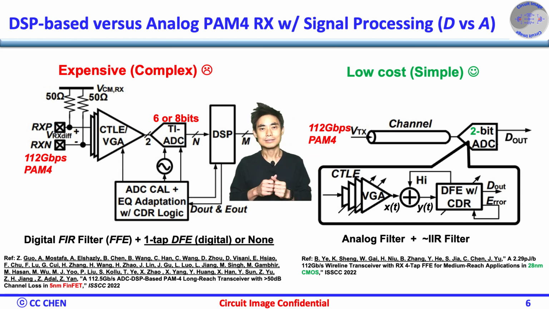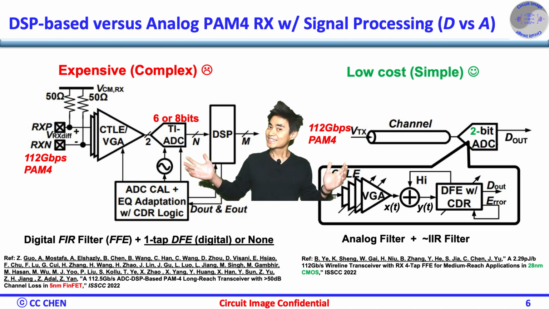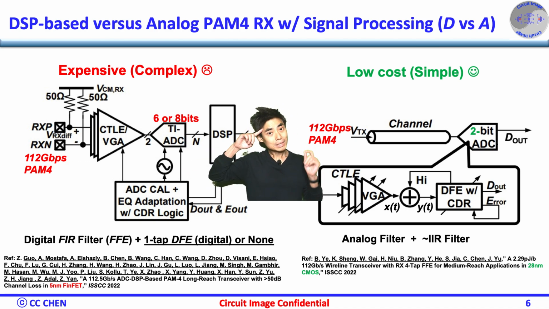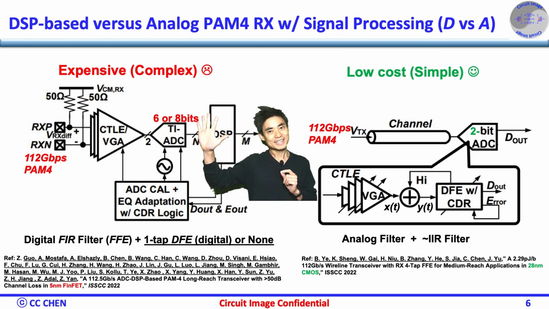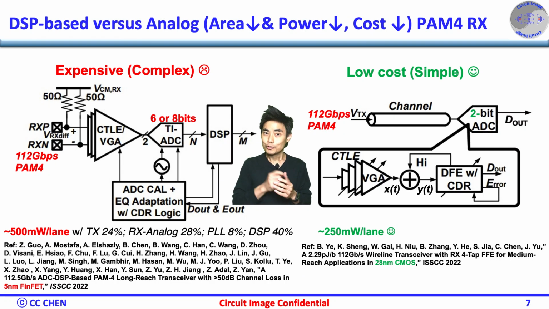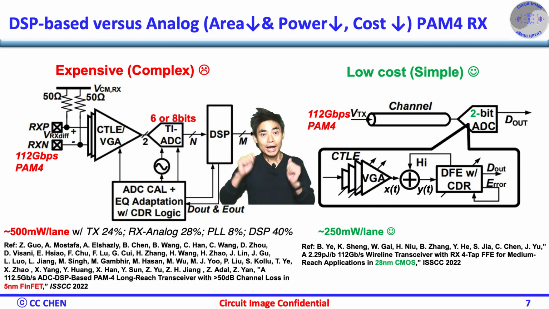Besides low cost, what's another benefit of the analog PAM4 RX? Think about the PPA images for 5 seconds. Yes, we've just mentioned the low area benefits owing to fewer circuit blocks.